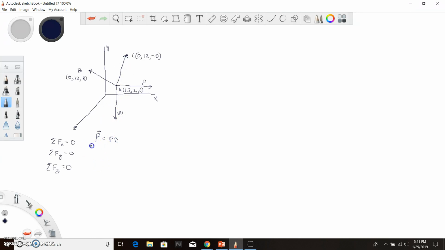Weight's a vector, and it's just going in the negative Y direction, and it's a negative mass times gravity J hat, not I hat. We are looking at J hat here.